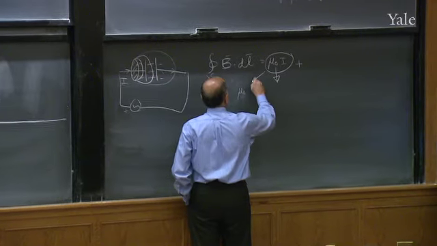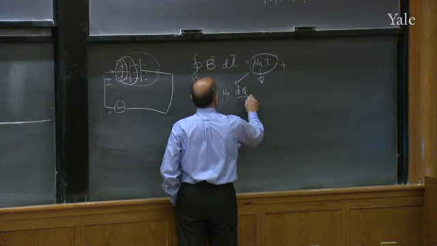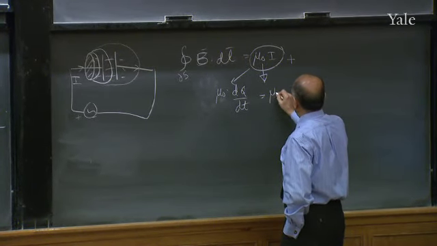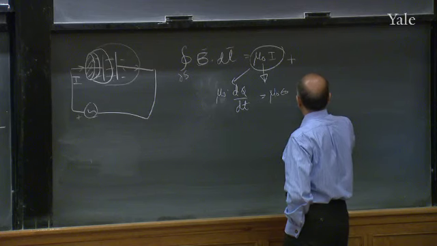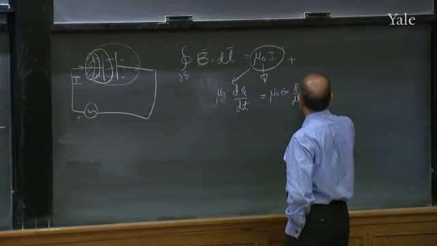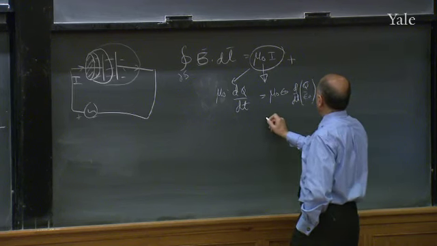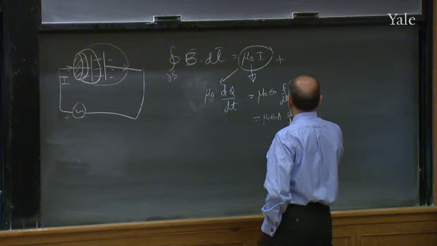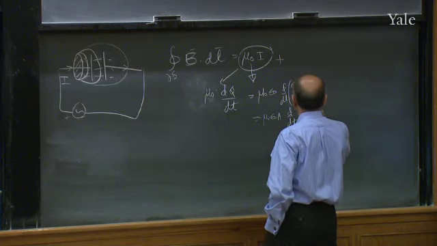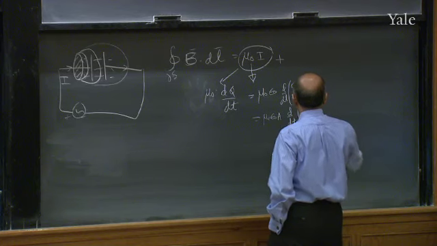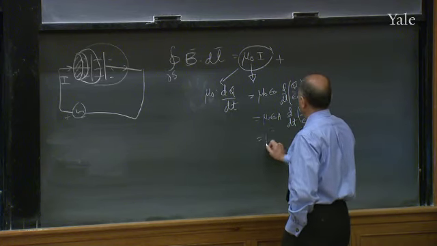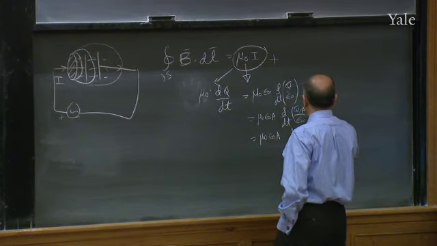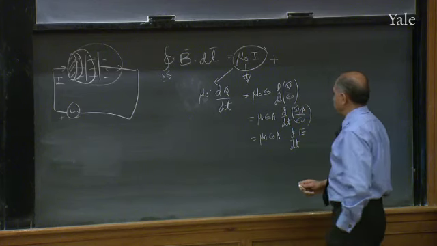So I'm rewriting the very same term. I is dq dt. Q is the charge in the capacitor. And let me write it as mu 0 epsilon 0 a d by dt of q over a divided by epsilon 0. That is equal to mu 0 epsilon 0 a times d by dt of the electric field between the plates.